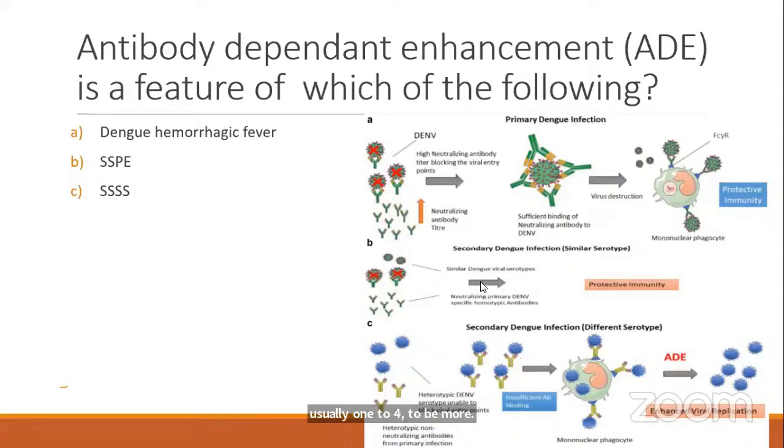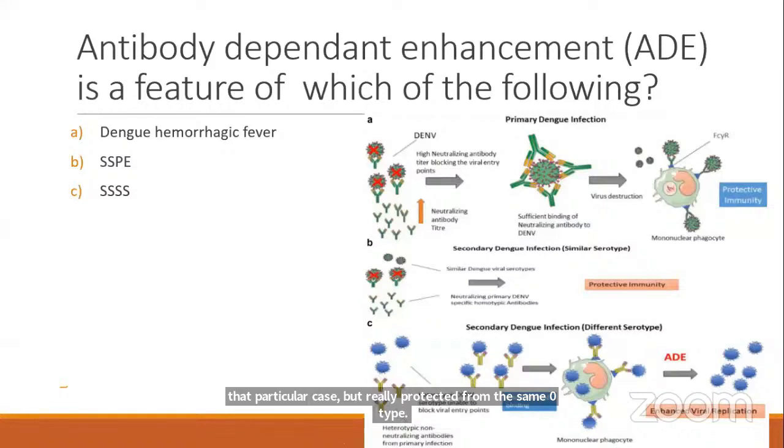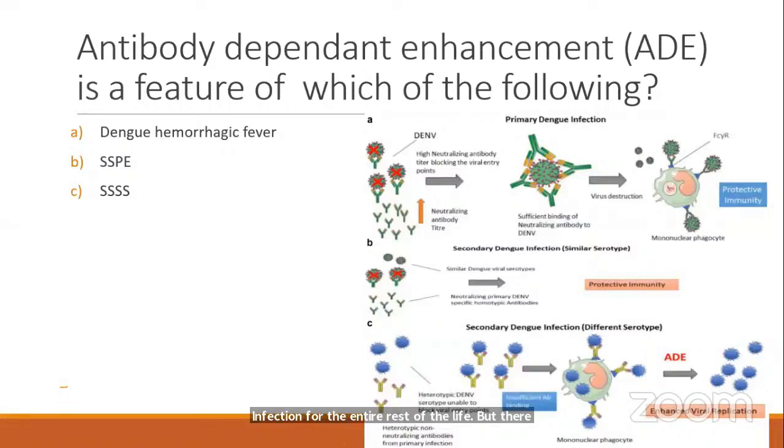Whenever you encounter a patient with a primary dengue infection, maybe initially due to serotype 1, our body will start to produce neutralizing antibodies, and memory cells will also be produced, so we will be protected from the same serotype infection for the rest of our life. But there can be situations where we get a secondary dengue infection with a different serotype.